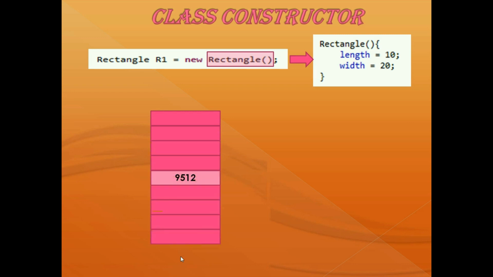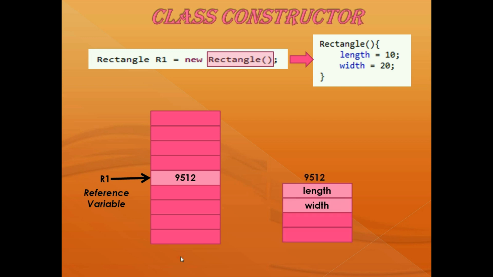Here is some number 9512 and R1 is actually containing this value 9512, means R1 is a reference here. And what is this 9512? 9512 is the address where you can find the other details of the class like variables length and width that you can see over here. So in other words, the reference variable never contains the objects directly. What it contains is some number.